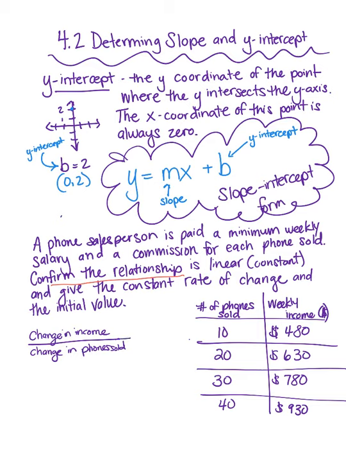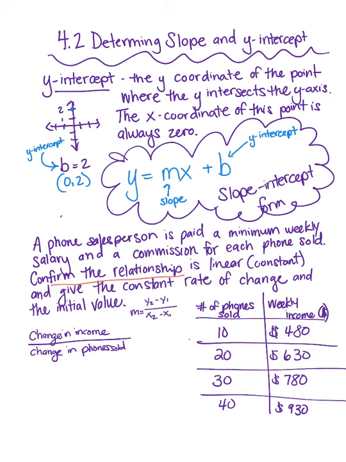Okay, so if you remember, that formula is slope equals y2 minus y1 over x2 minus x1.